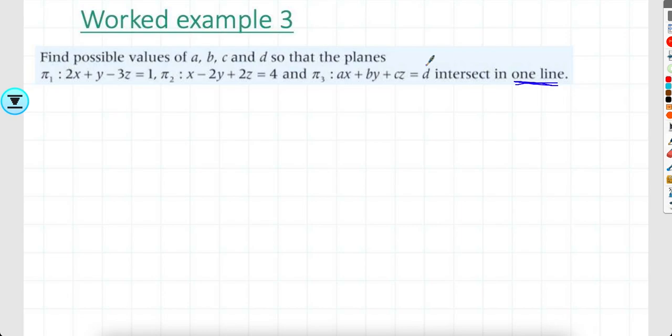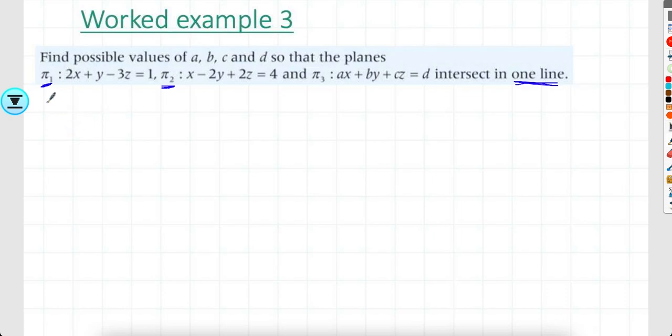Well, we approach it again the same way we approach the previous question, which is take the first 2 planes that you have, that you know all the values of. Let's find the line that they intersect at. And it's the same method as part 1, where we try and make one of the letters the lambda, or the parameter.